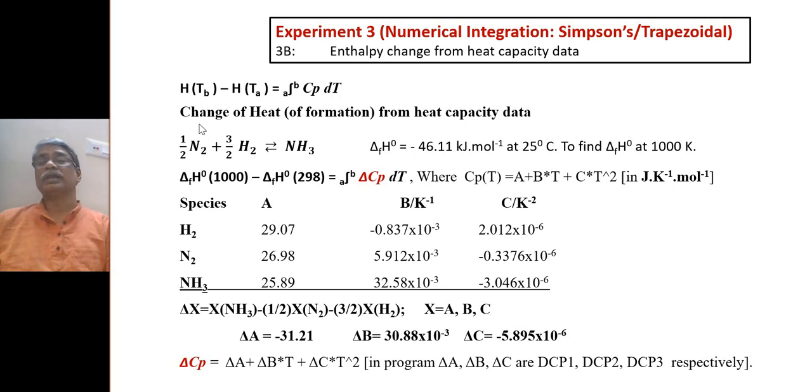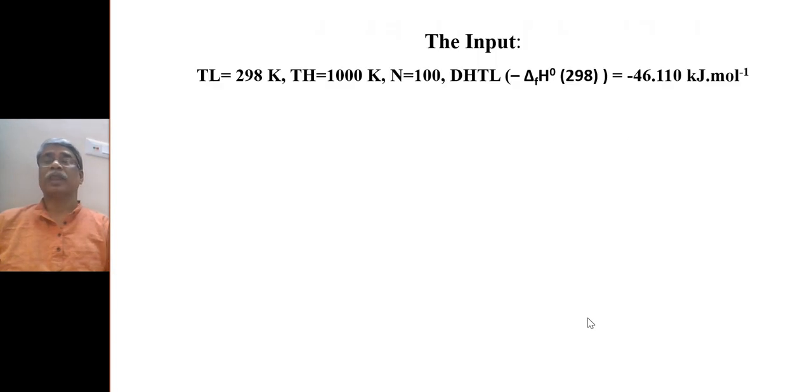For a single substance it was just A plus Bt plus Ct square in this Cp, but here it is delta Cp in the formula, and naturally delta Cp is not A, Bt, Ct square, but rather delta A, delta Bt and delta Ct square. So in the program all are evaluated using these values taken from the text, and the output and input are like this. So it was the problem.